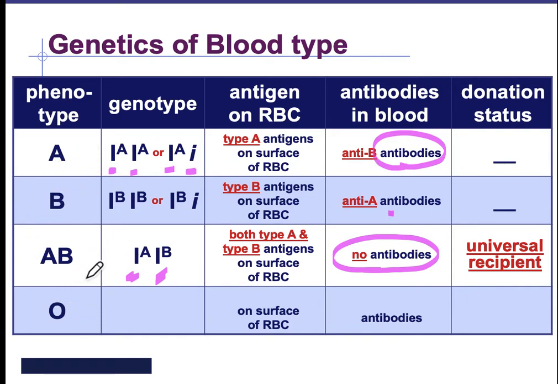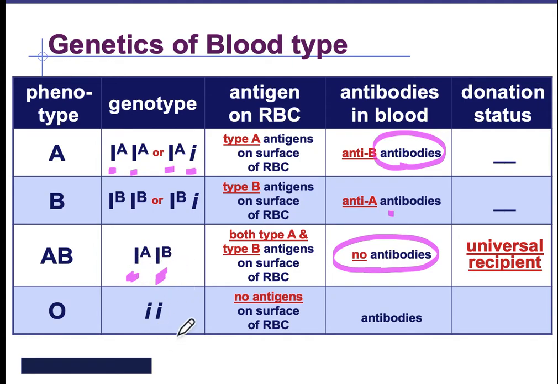Now, O is special. O doesn't have the antigens that these guys do. So there are no antigens on the surface of the red blood cells. We use lowercase i here to represent this as sort of a recessive trait, because these being codominant, they're going to equally show up.